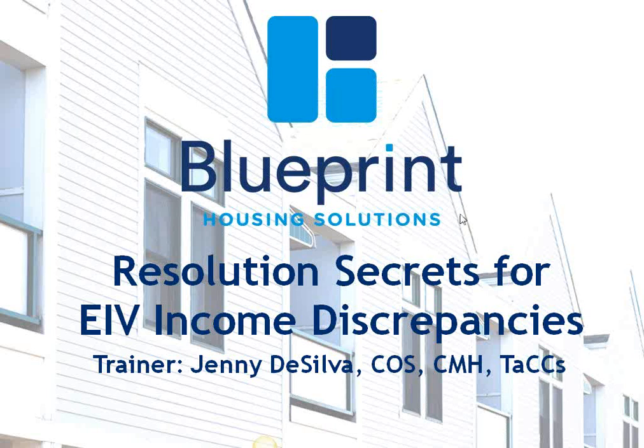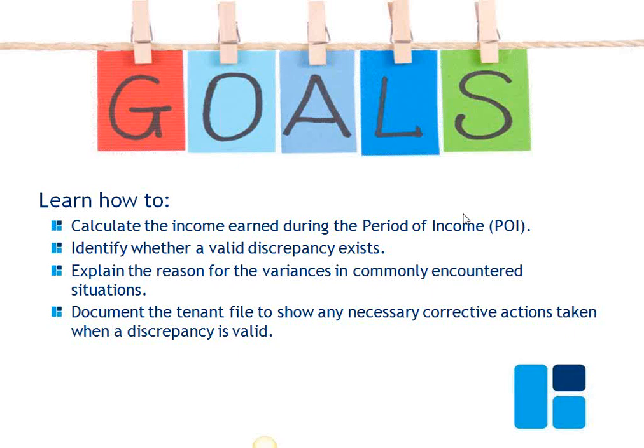Okay. So what we're going to try and accomplish in the next 2 hours is to talk about breaking down and really dissecting an income discrepancy. I'm going to teach you how EIV thinks, and you're going to realize through this exercise that oftentimes we as humans are far more intelligent than the EIV system.